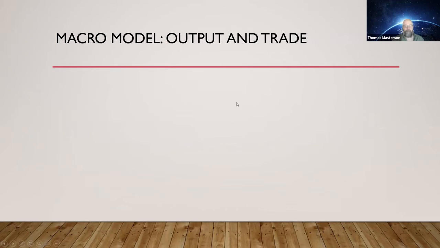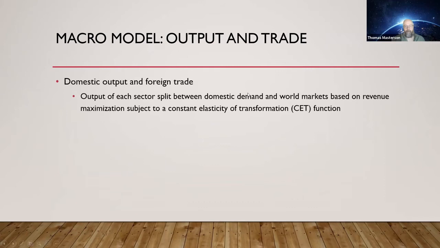And finally, in terms of output and trade, domestic output is split between domestic demand and world market demand, based on revenue maximization subject to a constant elasticity transformation function.